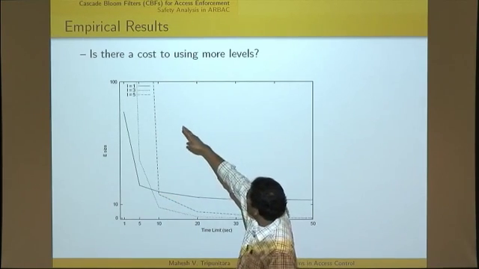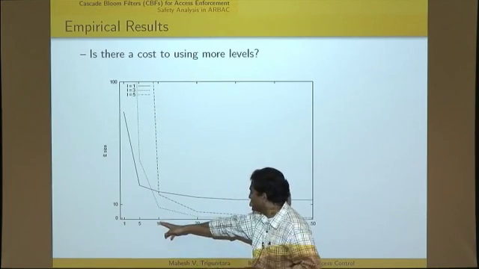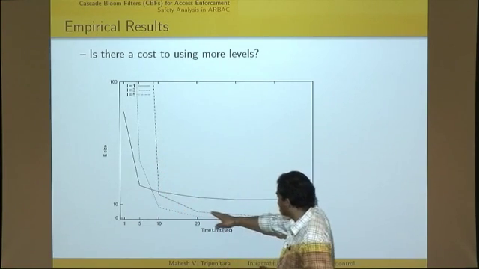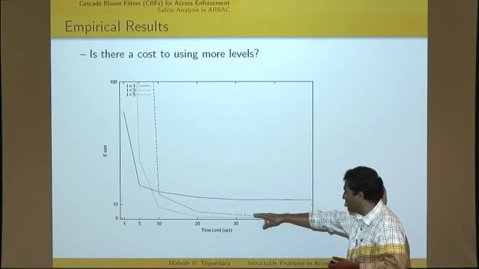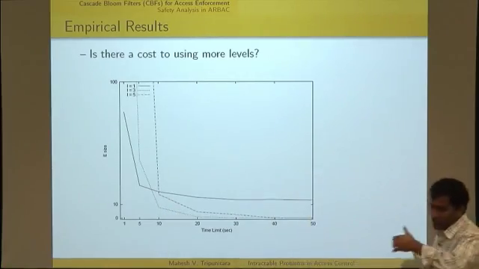But if I go to 5 levels, and I wait only whatever this time is, 10 seconds, I still get a pretty bad Bloom filter, and it takes a while before I get even to this crossing point, right? So in some ways, this quantifies the cost of using more levels. It's going to take you longer to construct instances of this thing.